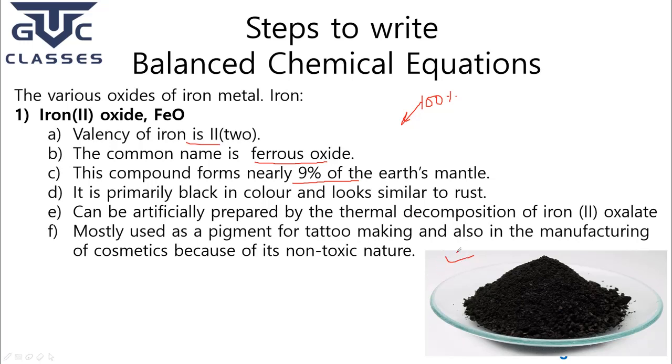This can be artificially prepared by the thermal decomposition of iron oxalate. This is a compound through which we can make this iron oxide artificially, that means in the lab or in the industry. It is not found in nature like that. It is mostly used in tattoo making or in cosmetics because it is non-toxic in nature.